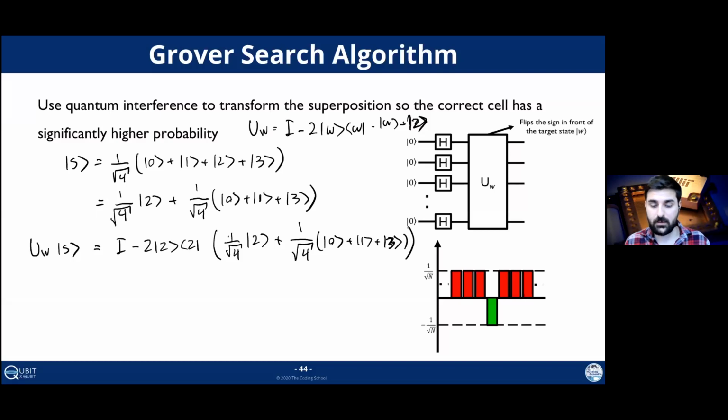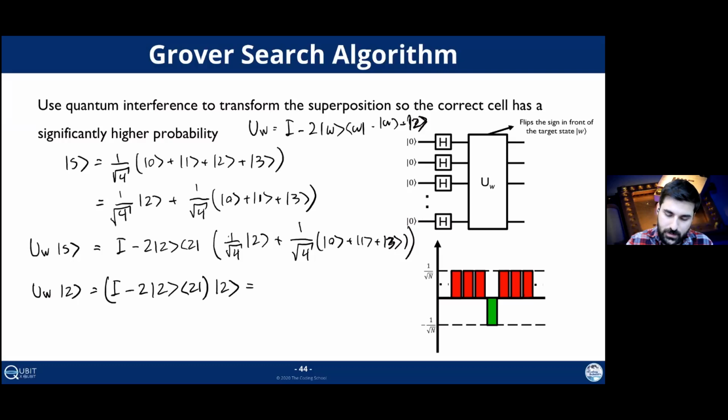Now let's go one by one. Let's apply the operator to the 2 state first. So I write U of w acting on 2. What I get is the identity minus 2, and this 2 is just the constant factor, times the 2 state, and this is all acting on the 2 state. I have an identity acting on it, and an identity acting on any state doesn't change the state, so I end up with just a 2 here.